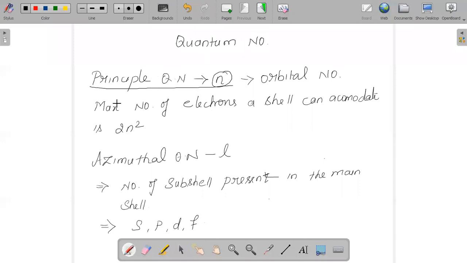Hence, if I am given the value of n, suppose 2, 3, 4, how could I calculate the maximum number of electrons in a shell?